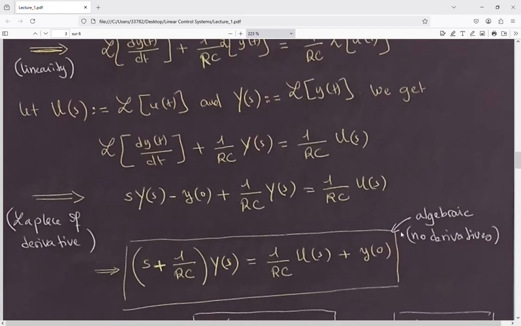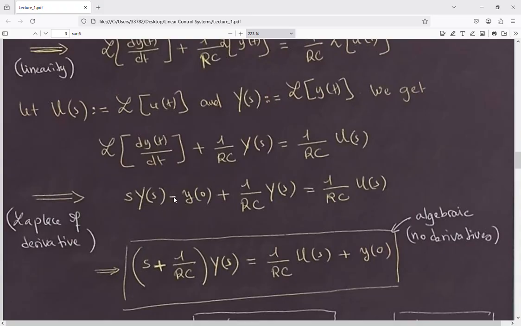Next, you see that you have the Laplace transform of the time derivative of Y. So here you apply the formula for the Laplace transform of the derivative. Recall, you get S times the Laplace transform of small y, which is big Y of S, minus small y at time t equal to 0.